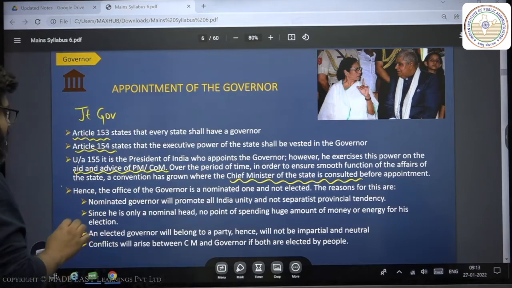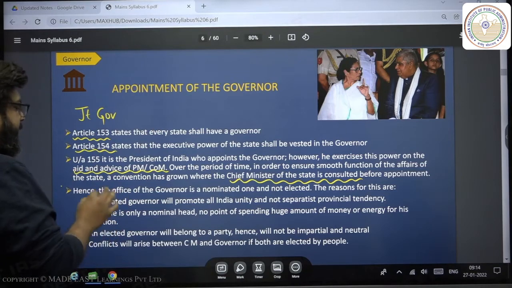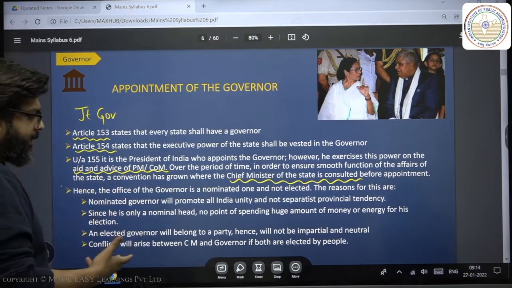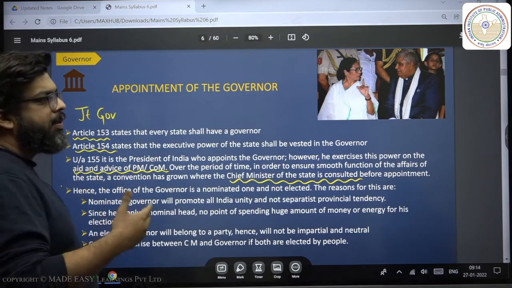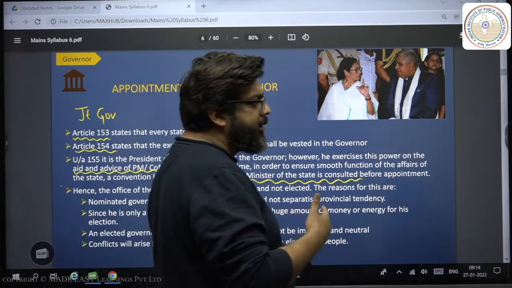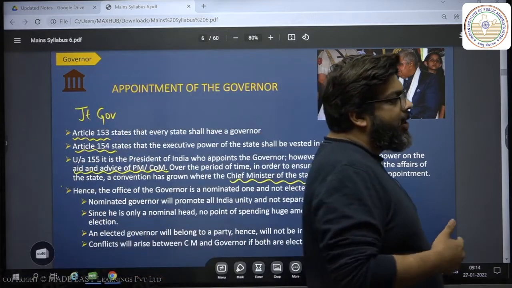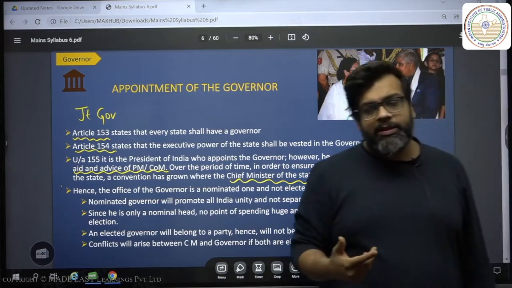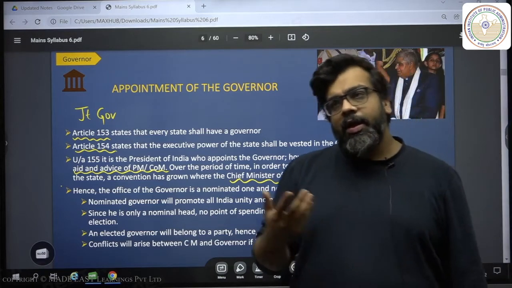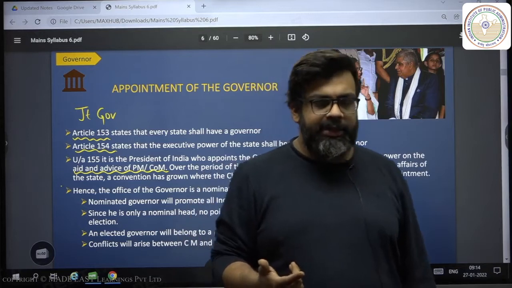Second, because the governor is a nominal head, there is absolutely no need for spending so much money and so many resources on the election of the governor. One could argue the same for the president as well.